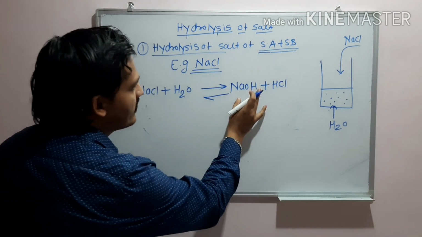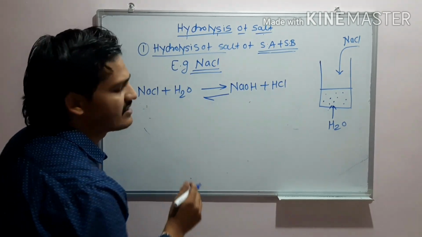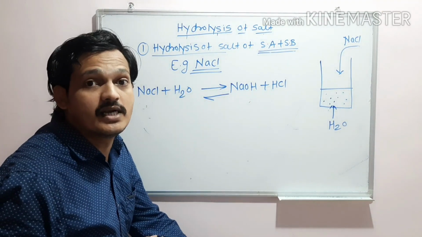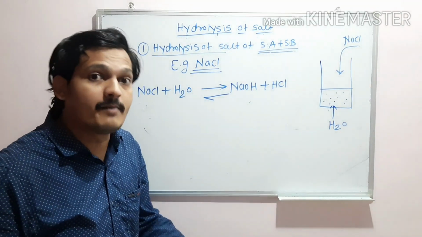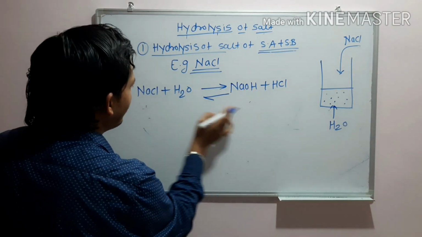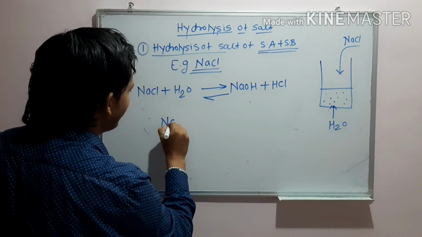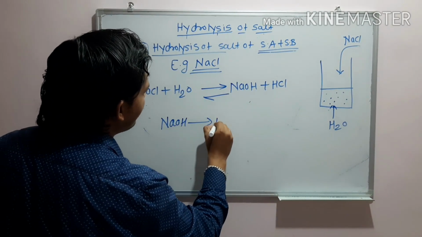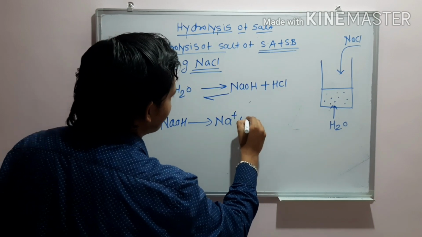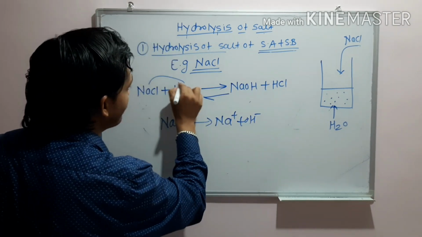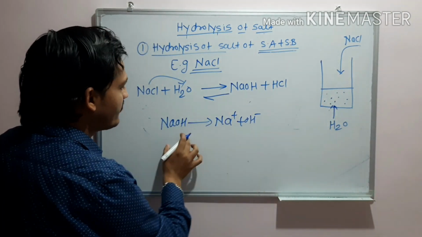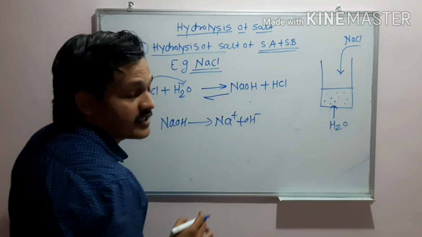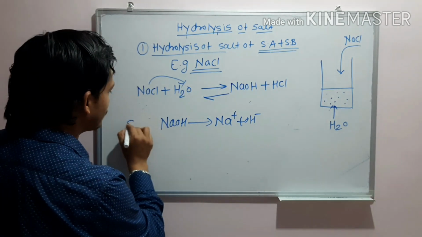But strong electrolytes have a tendency to dissociate completely. So NaOH is again converted into Na+ and OH-, which I am writing here separately. Again, if I am adding NaCl in water, NaOH and HCl will not be formed, because if NaOH is formed, it again dissociates 100% completely because it is a strong base.